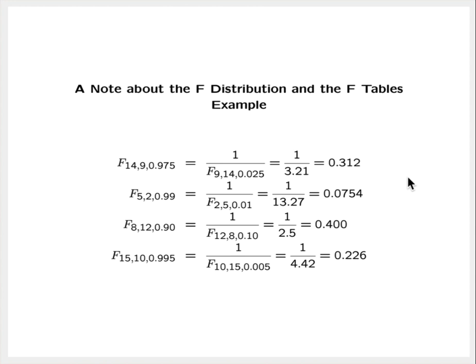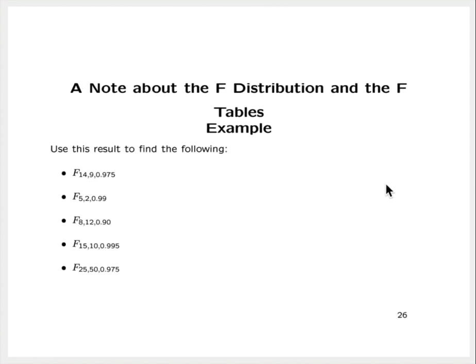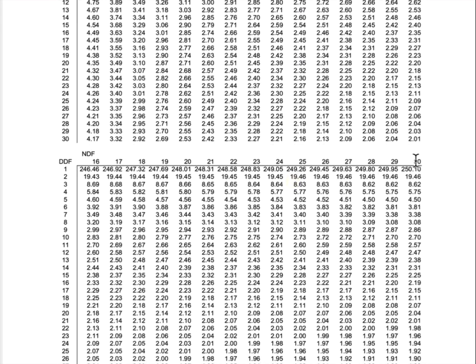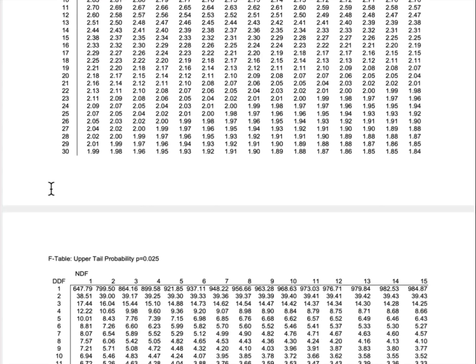But I would point out that we're not able to find this one because we don't have a table that's got 50 numerator degrees of freedom. If we look at the F table, we see that it only goes up to 30 numerator degrees of freedom. All right?